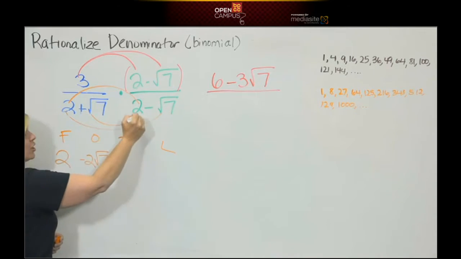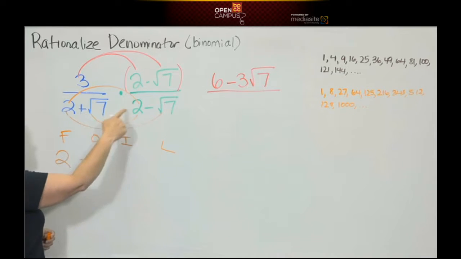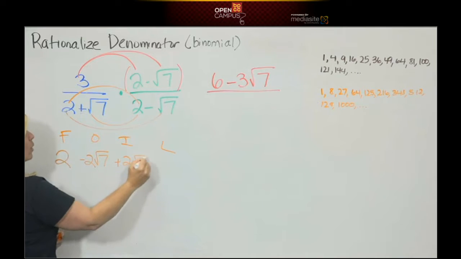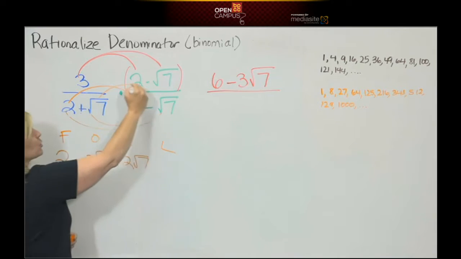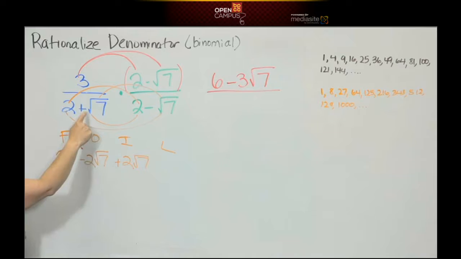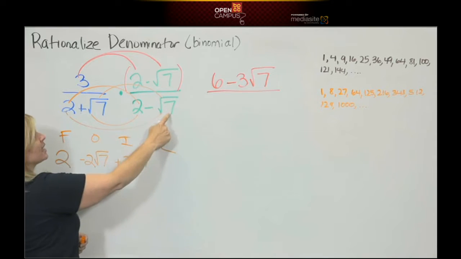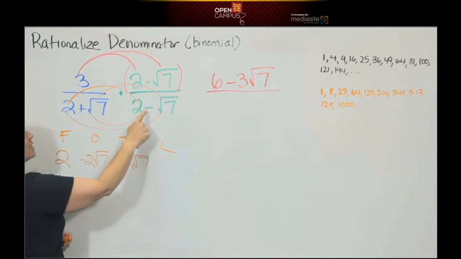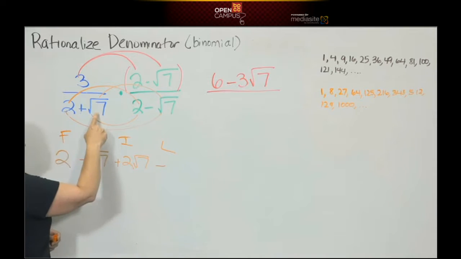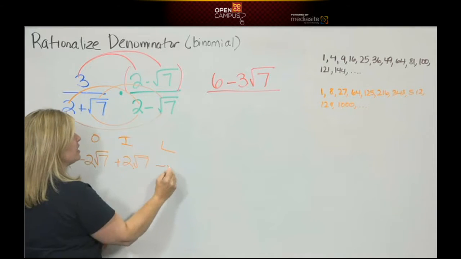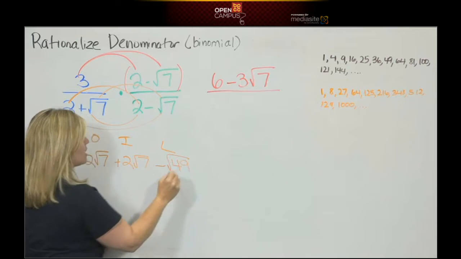The inside is the nose. Positive square root of 7 times 2 would be positive 2 square root of 7. Last would be the other eyebrow. Positive square root of 7 times negative square root of 7. A positive times a negative is a negative. Square root of 7 times square root of 7 is square root of 49.